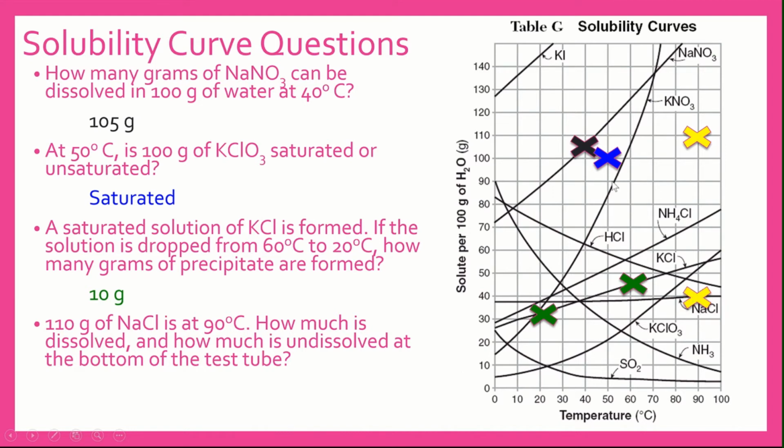We have 110 grams. If 40 grams are dissolved, how much is undissolved? We subtract 40 dissolved from 110 total, and we get about 70 grams undissolved, probably sitting at the bottom of the test tube.